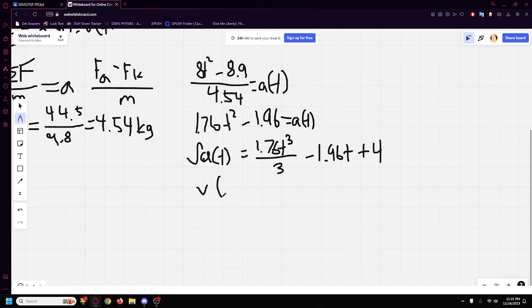So v of t is equal to 1.76 over 3, which is about 0.587 t cubed minus 1.96 t plus 4.